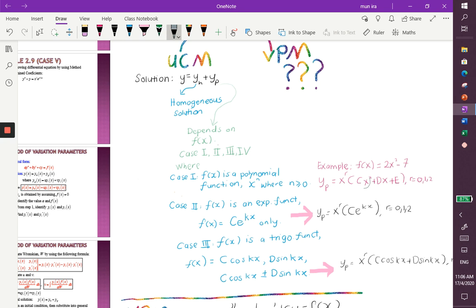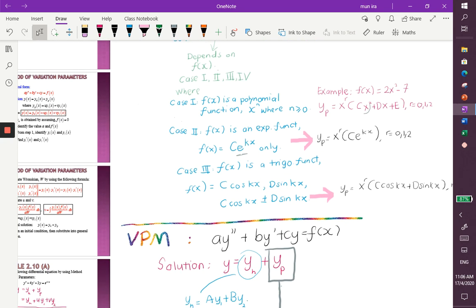So you begin your yP with the highest degree and continue until the degree to the power of 0. You can have f(x) as an exponential function, but only in the form C e^(kx). Your yP is C e^(kx). K will follow whatever k is in your question, but C remains as C. Case 3: your f(x) can be a trigonometric function, but strictly in the form of cosine and sine only, C cos kx plus or minus D sin kx.